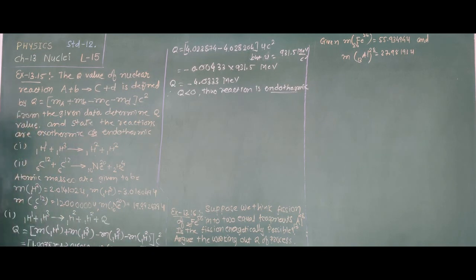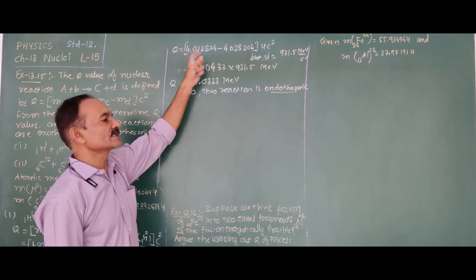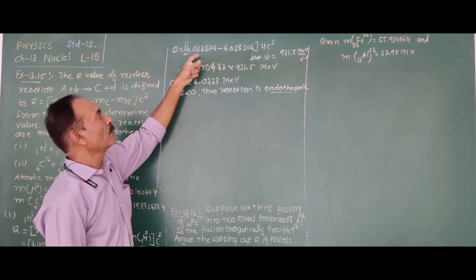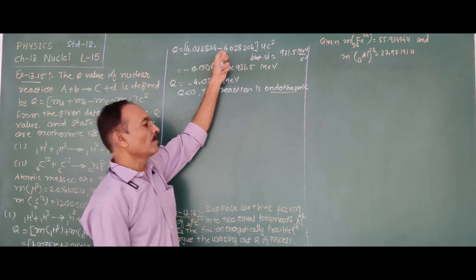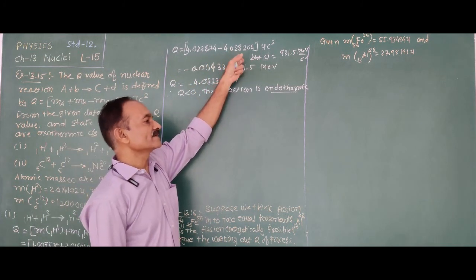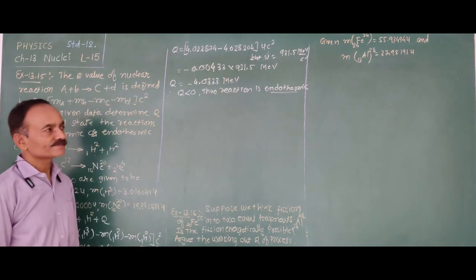Right? As we simplify it, Q is equal to 4.023874 minus 4.028204 atomic mass unit into c square.